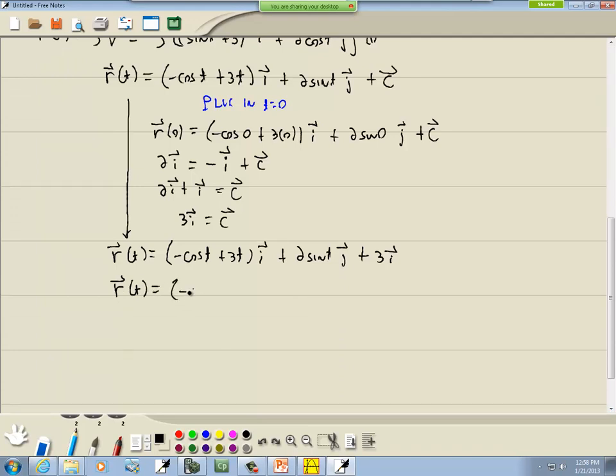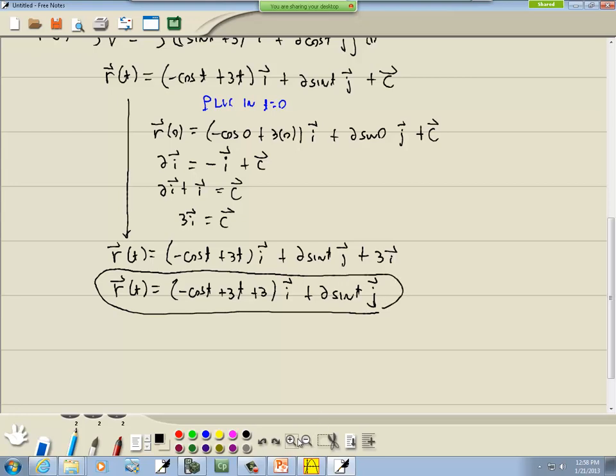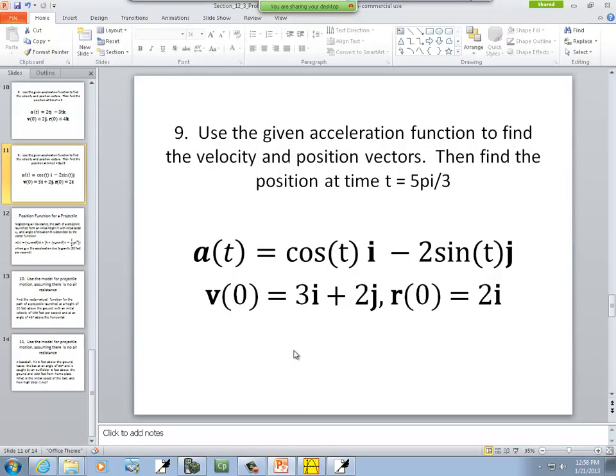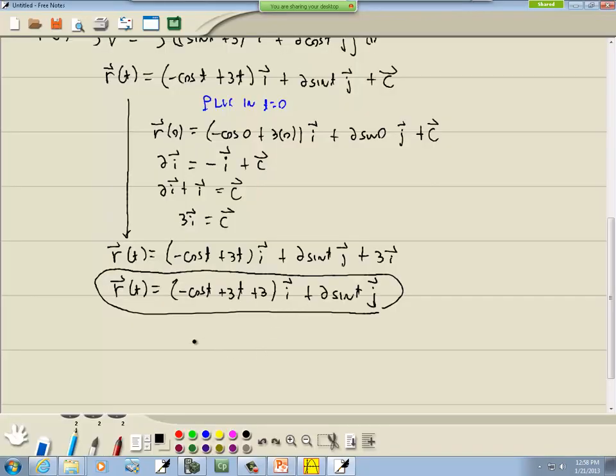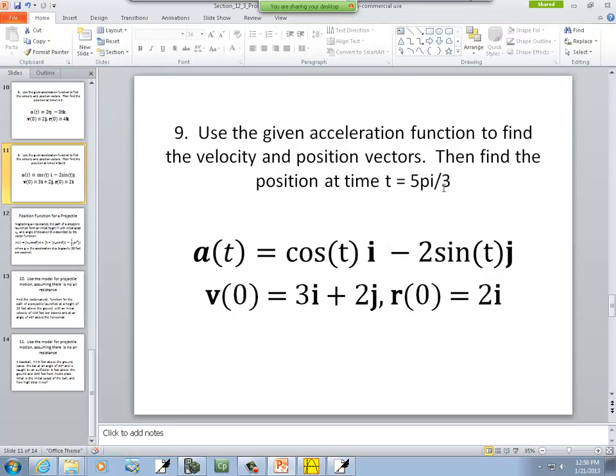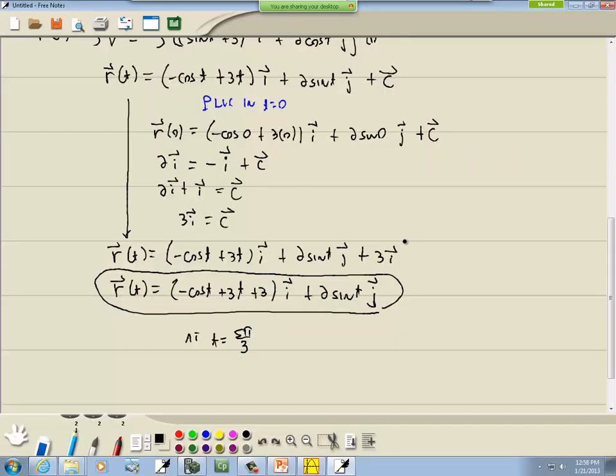So we're going to have (negative cosine t plus 3t plus 3)i plus 2 sine t j. And that's our position vector. Now, specifically, they're wanting to know at t is equal to 5 pi over 3, trying to find position. So let's plug that in.